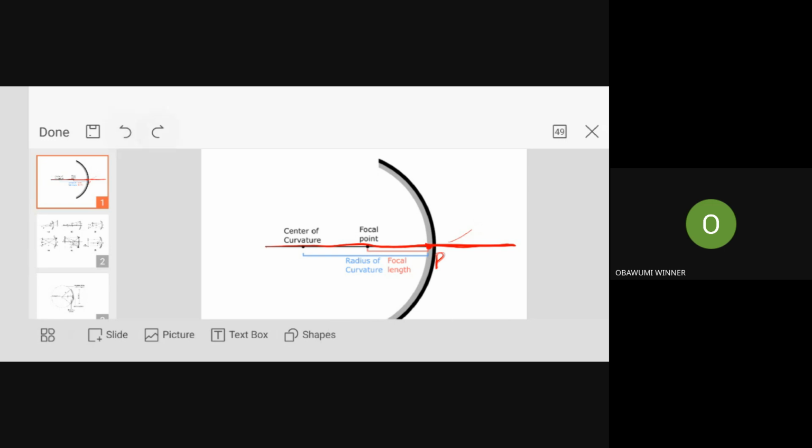So it's an imaginary horizontal line that cuts through the center of curvature and the pole of a concave mirror. And that's exactly what we have here. And I told you that the pole is simply the center of the reflecting surface of the concave mirror. Now, this line I drew here is the principal axis.